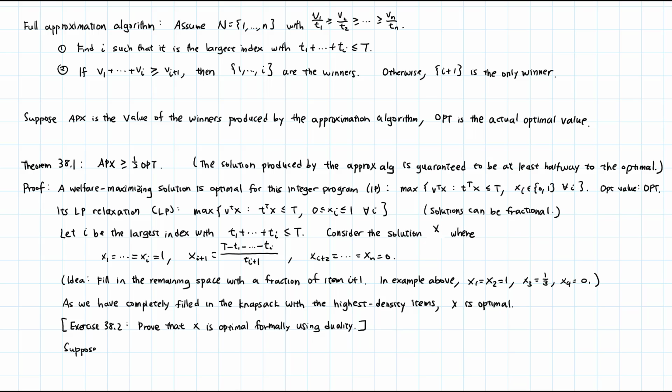We now suppose that the optimal value of the LP is V star, which is obtained by our x above. Recall that opt is the optimal value of the IP. So what is the relation between opt and V star?